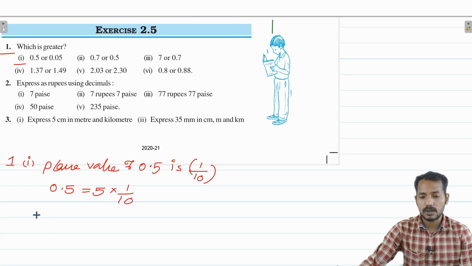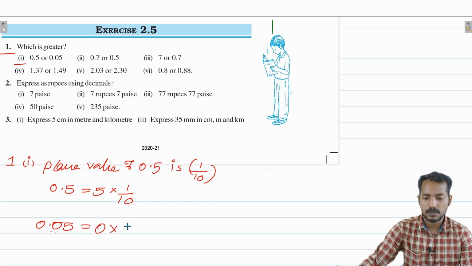While in the case of 0.05, what is that? 0.05 is equal to, in the 10th place, no digit, so 0 into 1 by 10 plus, in the 100th place, 5 into 1 by 100.